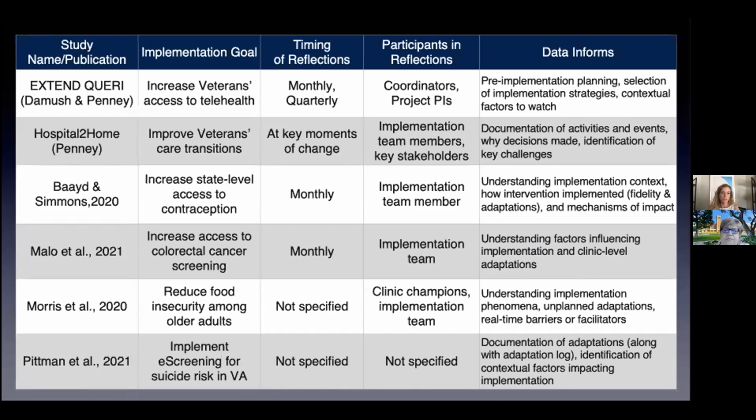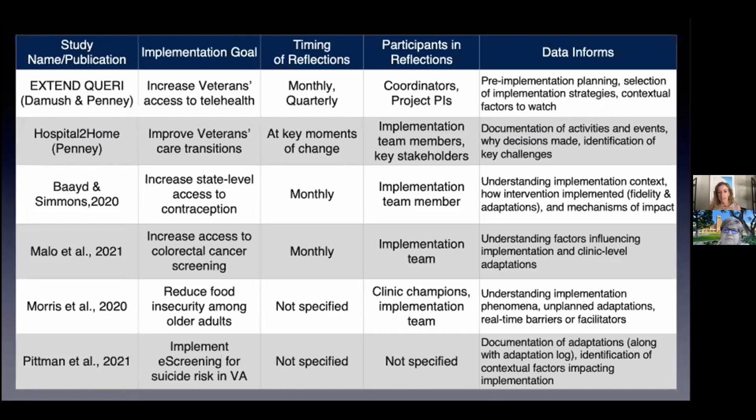And then you see in other places, again, more consistently using reflections to look at how implementation is going, what kind of adaptations are happening in different sites, particularly unplanned adaptations, and then looking at real-time barriers and facilitators as they're arising.